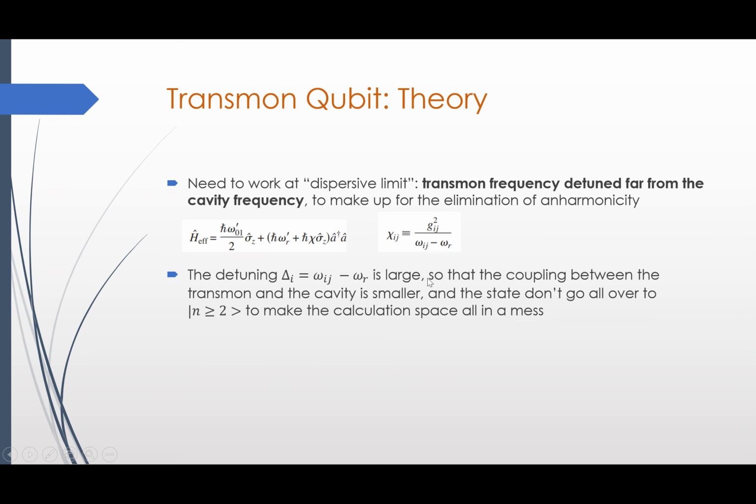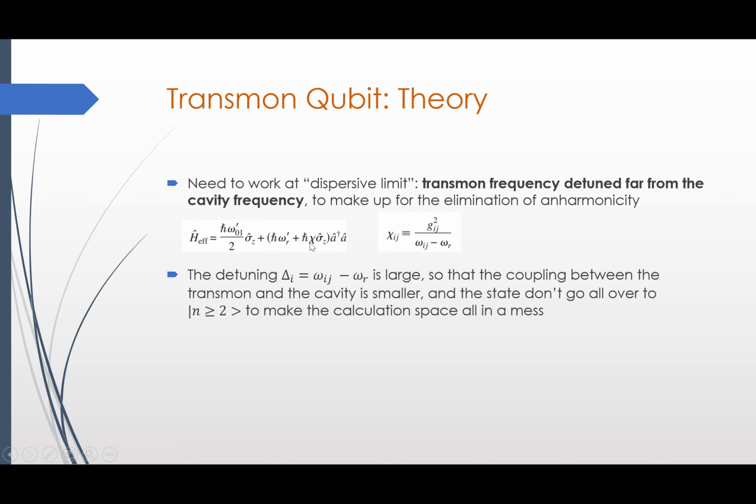Such circuits need to work at the dispersive limit, where the transmon frequency is detuned far from the cavity frequency. This is because if we look at the effective Hamiltonian here, this term chi is related to the coupling between the qubit and the cavity.